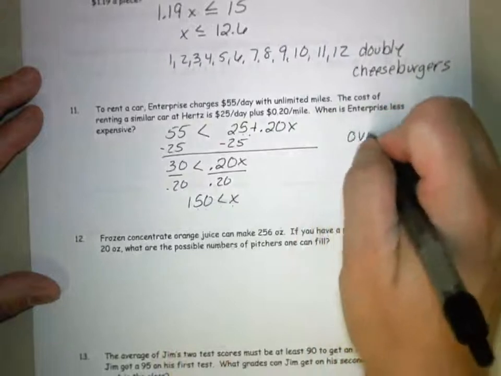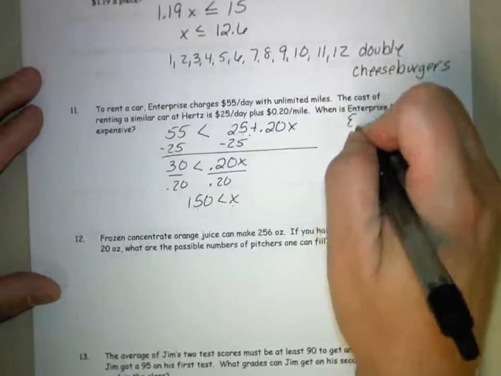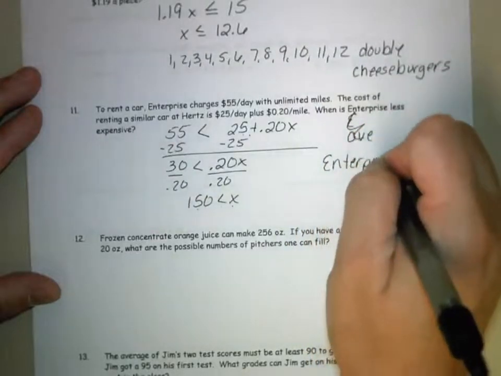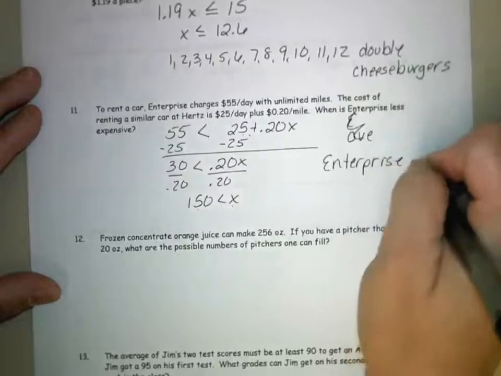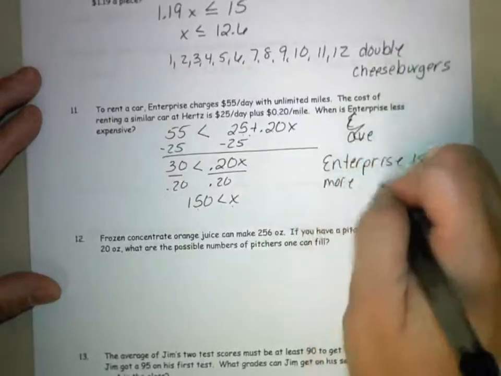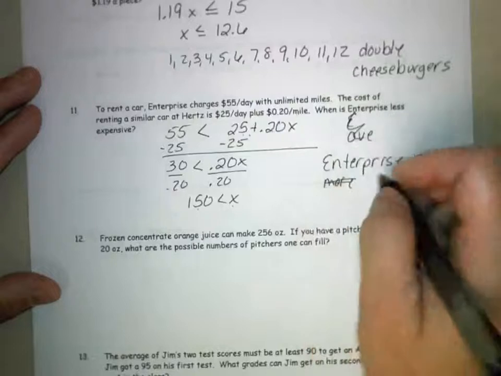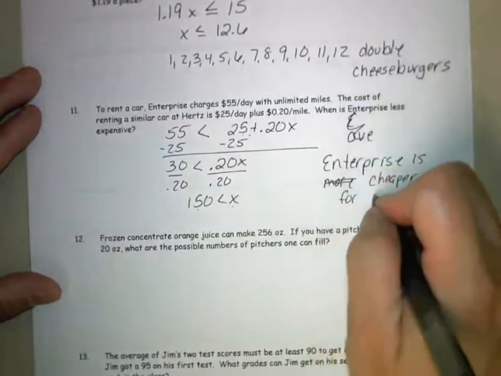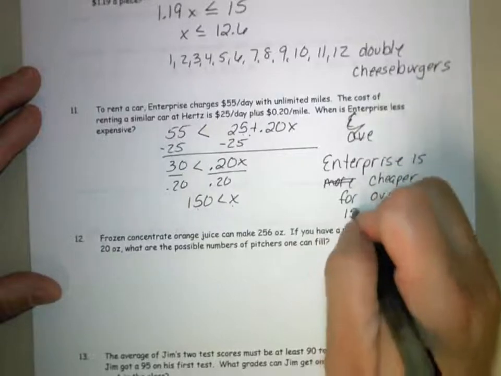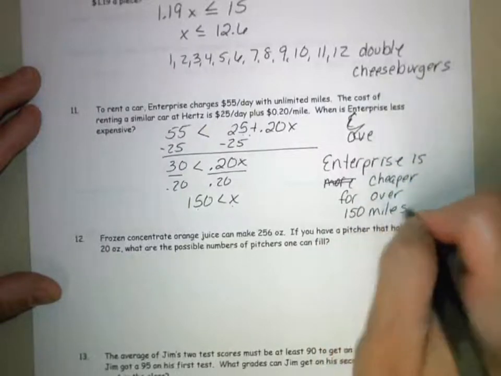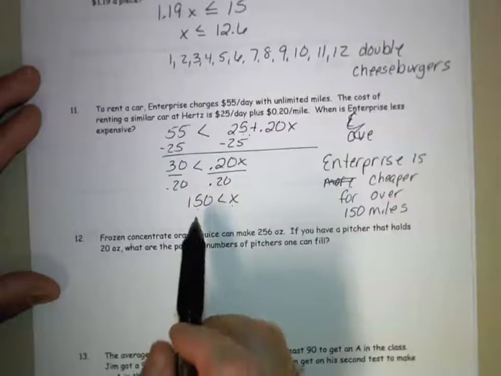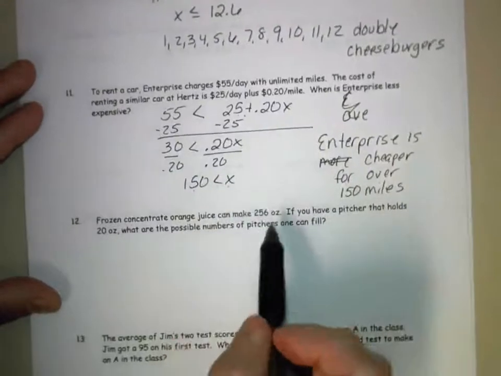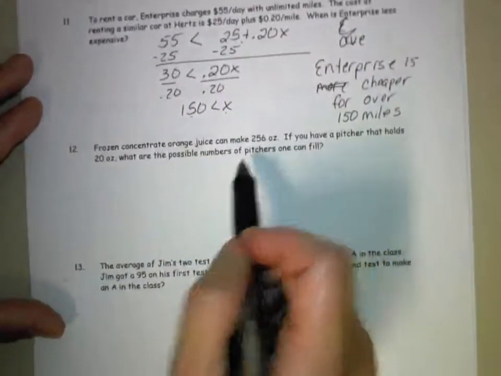So you would say something like, Enterprise is cheaper for over 150 miles. At 150 they would be the same, and then 150 is less than x. So Enterprise is cheaper for over 150 miles.